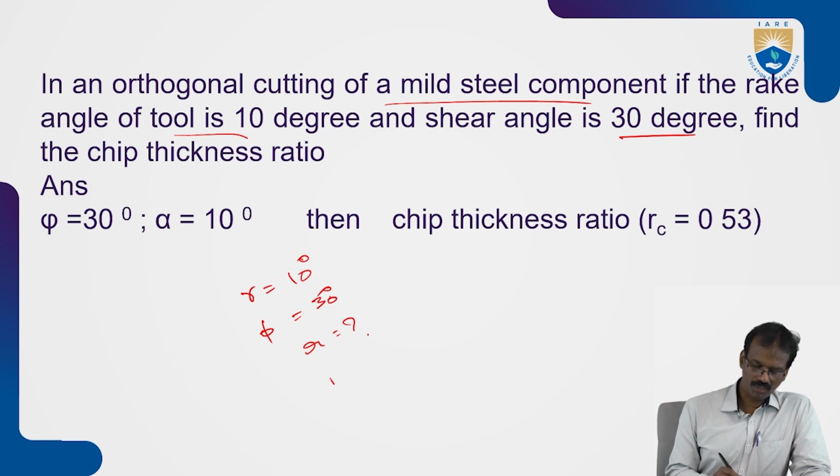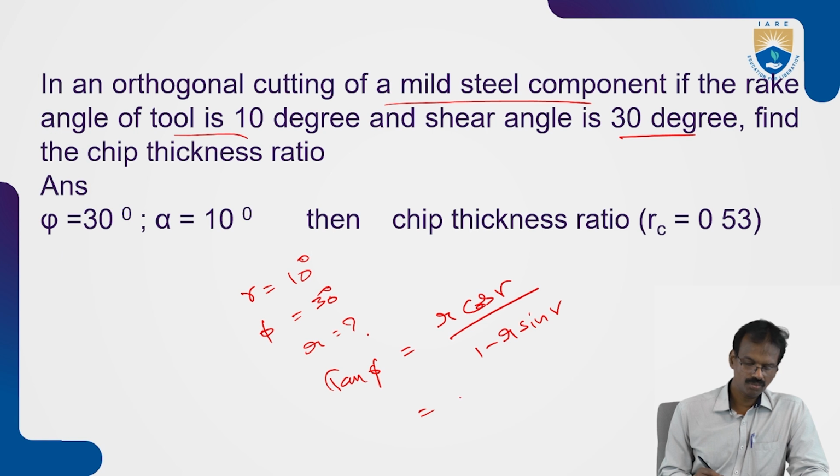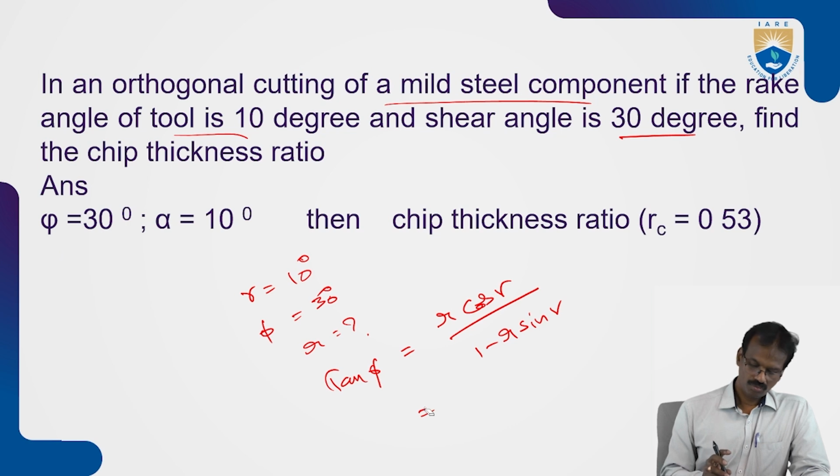You know that formula: tan phi is equal to r cos gamma by (1 minus r sin gamma). So what is the r value? Then you have to find out the r value. Okay, so tan phi, tan 30, 1 by root 3, you know this one.